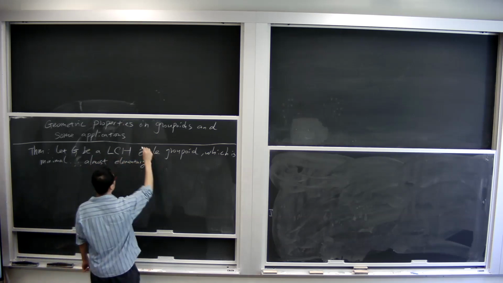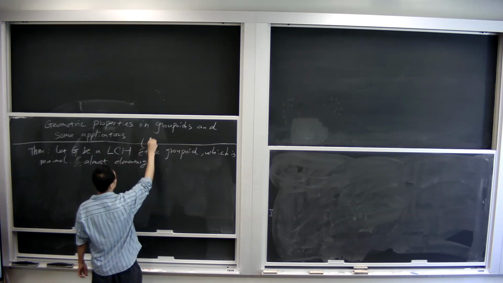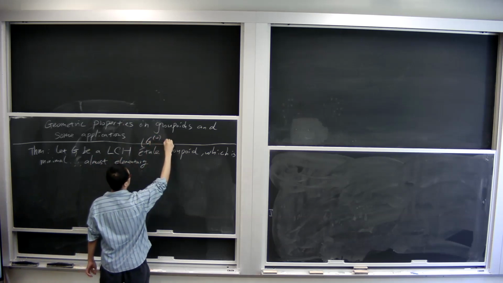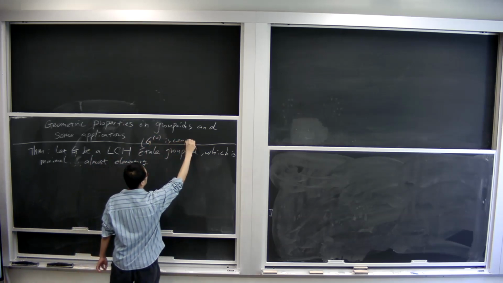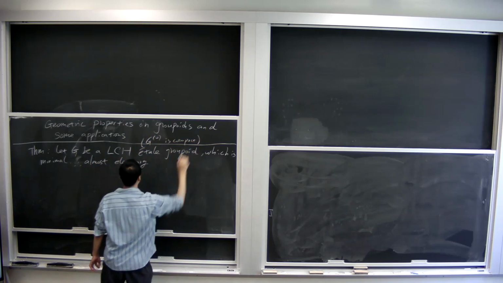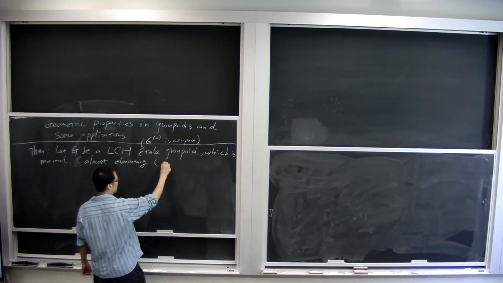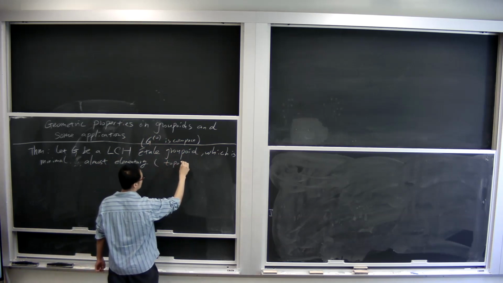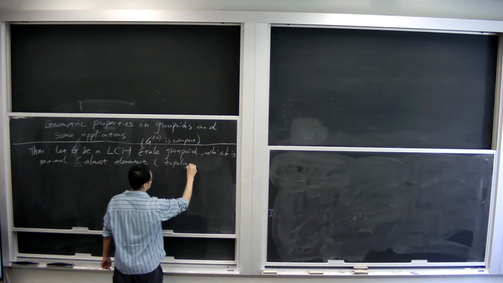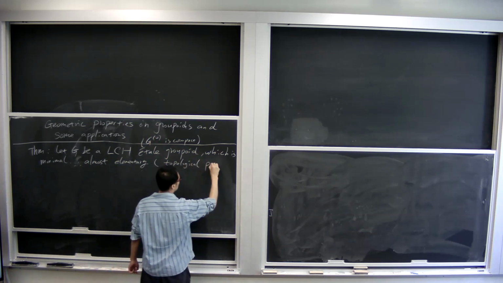Of course, we should add here that the unit space is compact, and this implies that the groupoid is topologically principal, pretty simple.